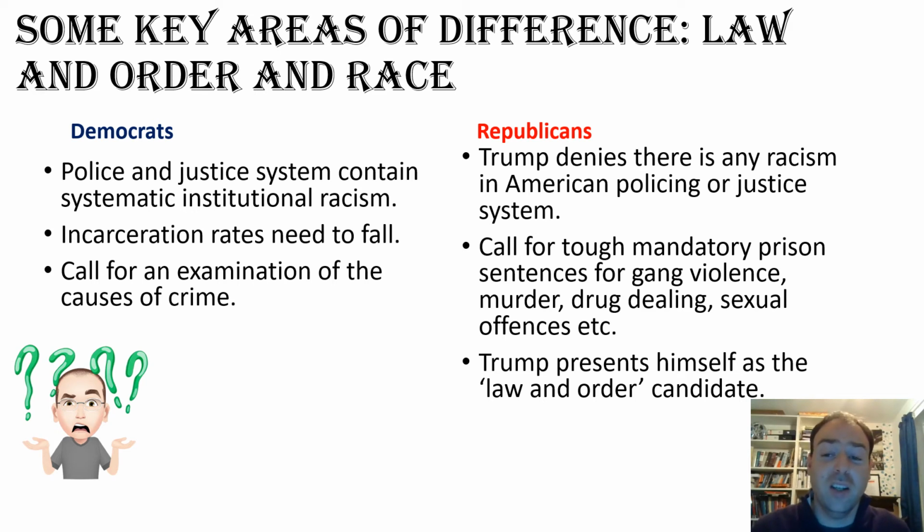And Biden is saying essentially tough policing is not the only answer, though he has supported tough policing measures in the past, which has caused a bit of controversy with the left or more liberal side of the Democrat Party, and it's something that Trump has used against him in the campaign, where actually some of the policies Biden's backed in the past have led to higher incarceration rates amongst black men.